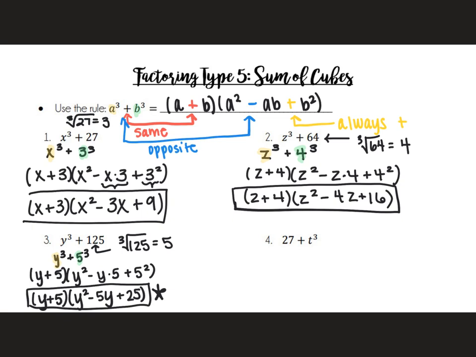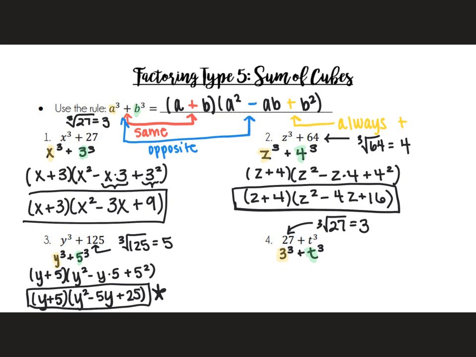So for example 4, first thing I want to do, I want to rewrite this as a number cubed. The cube root of 27 is 3. I can rewrite this as 3 cubed plus t cubed. In this problem, 3 is actually a this time, and t is b.